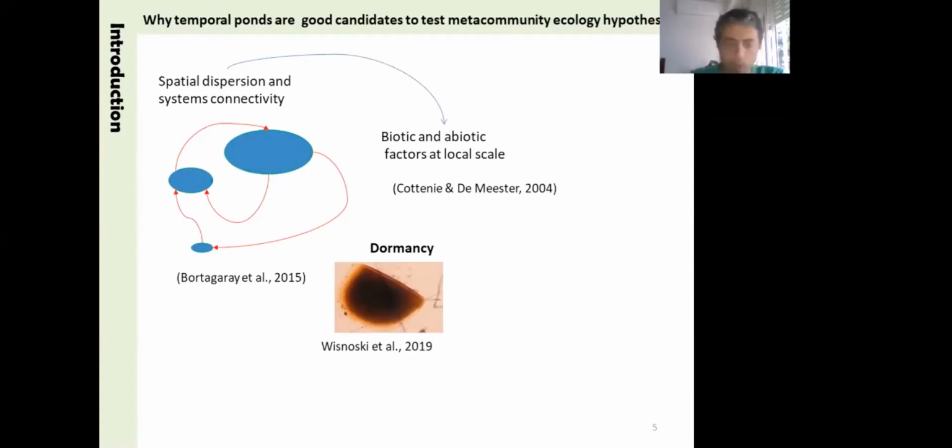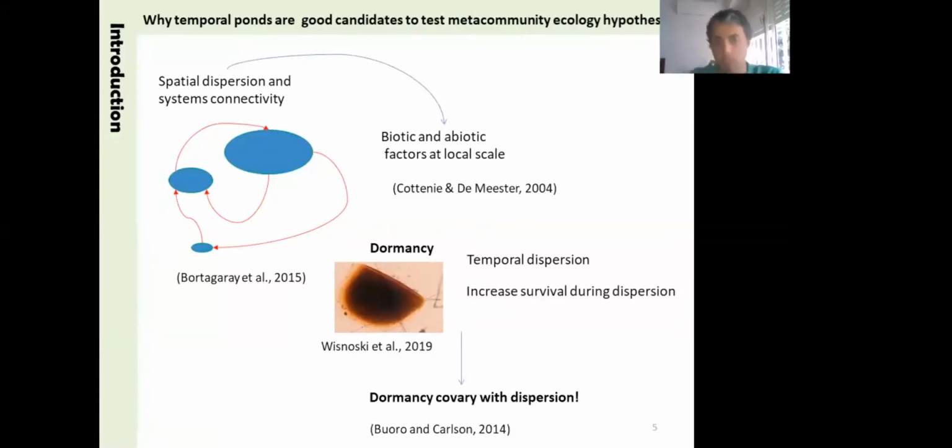First, I will talk about dormancy. It's a suppression of the vital functions of organisms for a period of time, which depends on the harshness of the environment and also on a thermal clock. It represents a temporal dispersion, and dormancy may increase the survival of zooplankton, in this case, during dispersion.